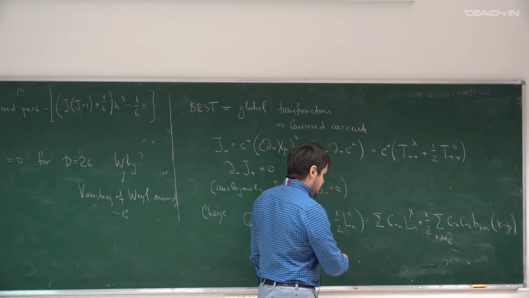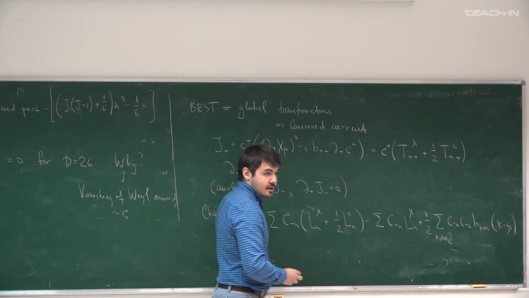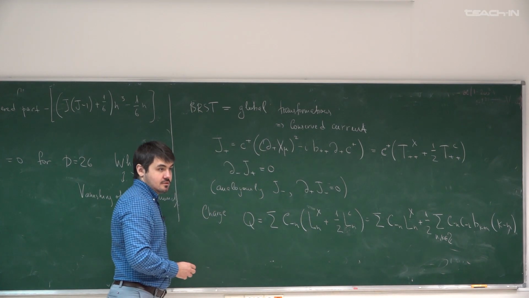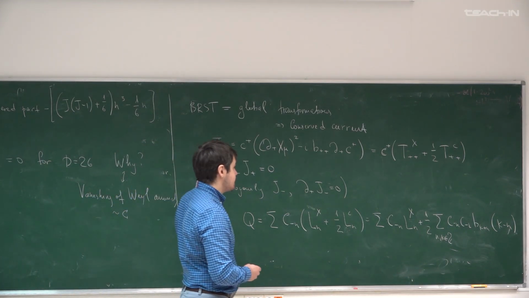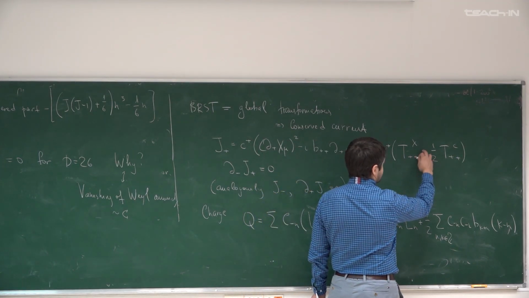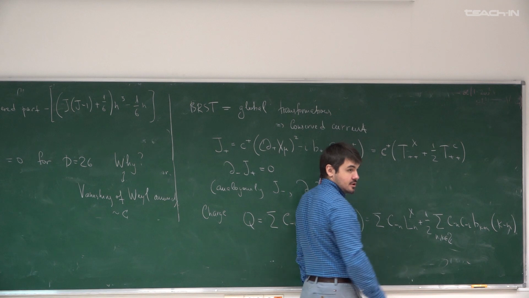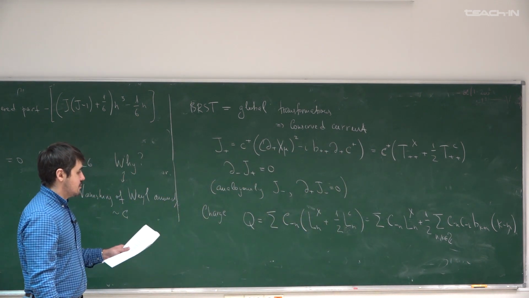But the key property will be that this charge will be nilpotent, right? Which is in general not true. For example, if you pick an arbitrary linear combination here, that will not be true. So that's the key property.